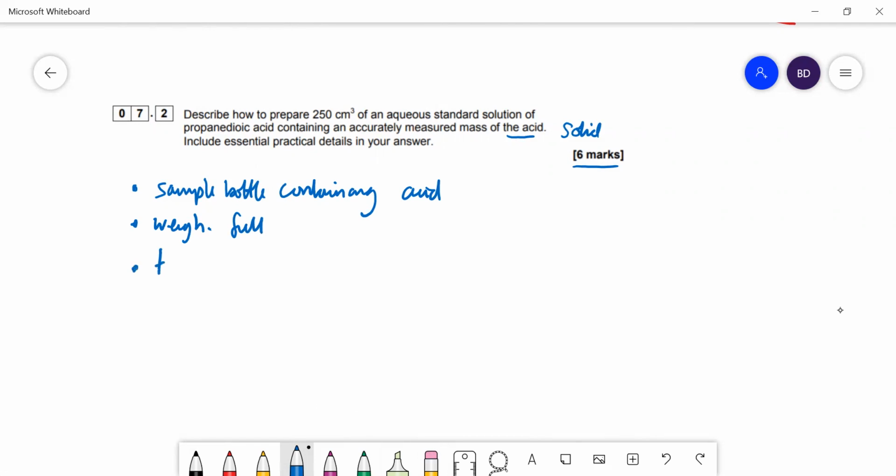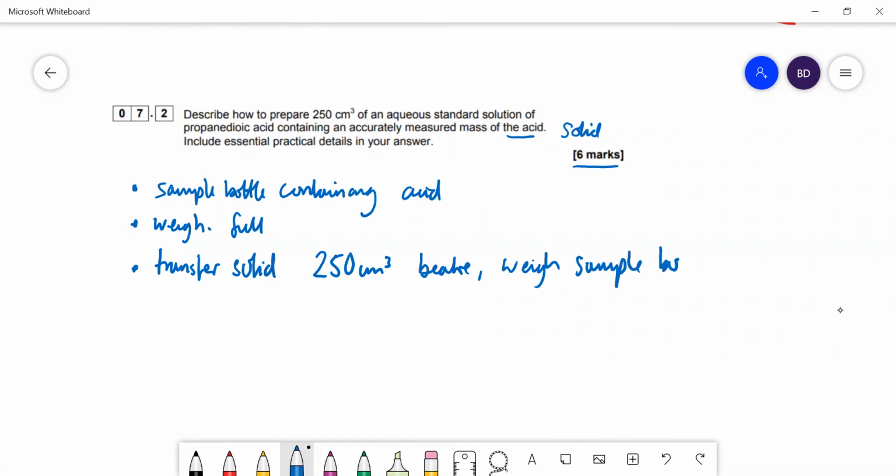And then you transfer the solid to a 150 centimeter cubed beaker. And then you weigh the sample bottle again. Of course, you do that to find the mass of acid transferred by subtraction.